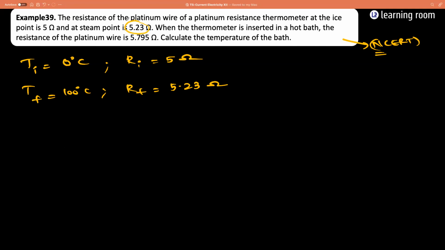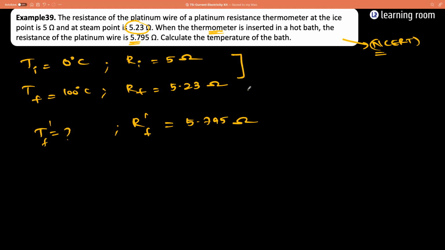When the thermometer is inserted in a hot bath, the resistance of the platinum wire, R final dash, is equal to 5.75 ohm. Then what would be the temperature at that point? I'll call it T F dash. Everyone know?